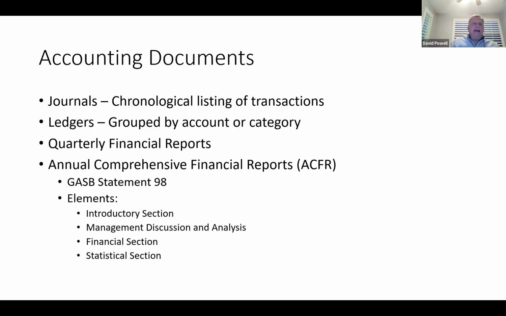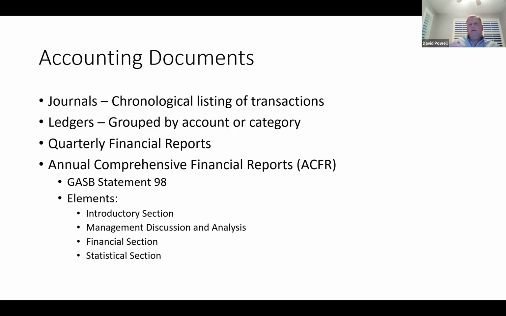But don't overlook the last section of the financial report, which is the statistical section. The statistical section is important because it will give you indications of different patterns and trends in the city. So it will provide you with population patterns and trends, what's been going on in terms of people leaving the city or moving into the city.